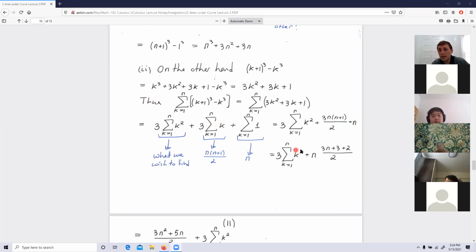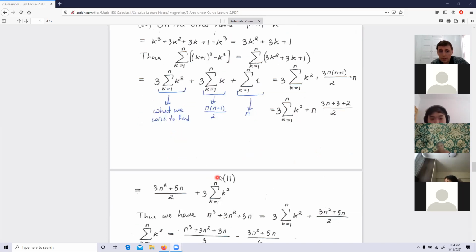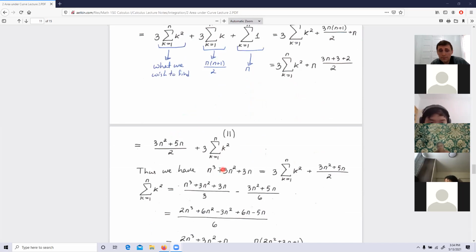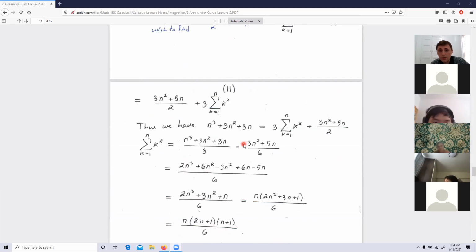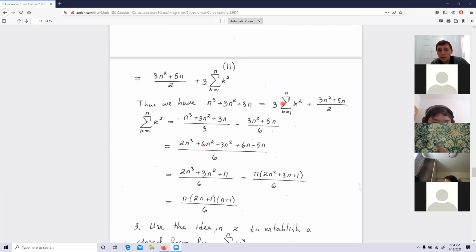I get 3 times the summation plus this expression. I just multiplied it through and I have this expression. And that would be equal to, basically, just substitute and solve. So this is what we know, then we know the others, and we know what this is equal to.